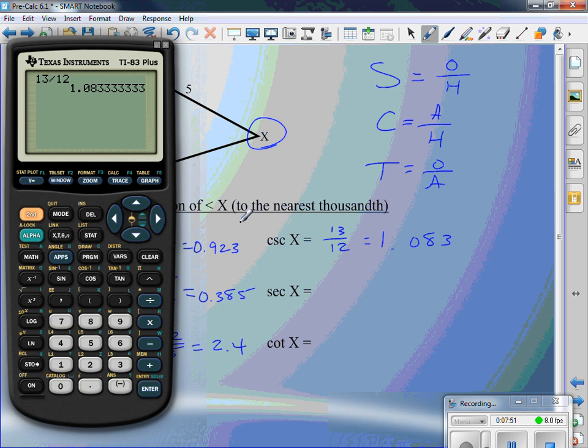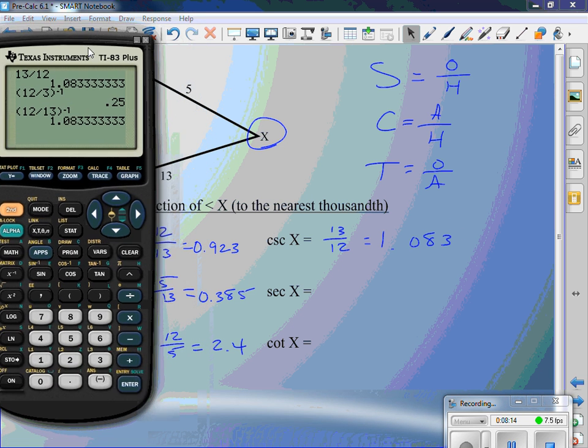0.1083. I could have also taken 12 divided by 13 and the inverse of it. I only put a 3. The inverse button just flips the numbers.